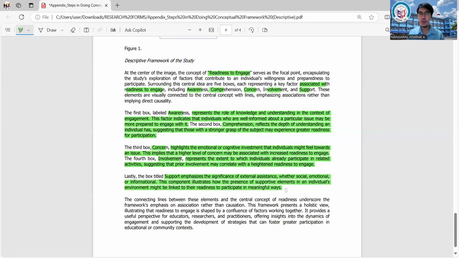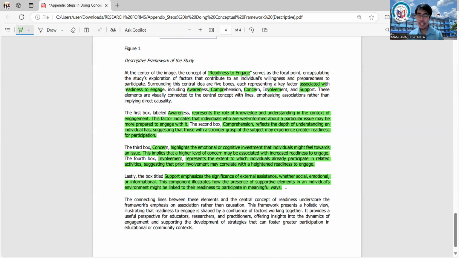Kung mapapansin ninyo, yung narrative nila sa kanilang conceptual framework is more on the description lamang ng kanilang mga variables. Okay? Kung mapapansin din natin, on the given example that we have here, wala silang ginamit na theory. So technically, maaaring ang framework na meron sila sa paper nila is just descriptive framework.